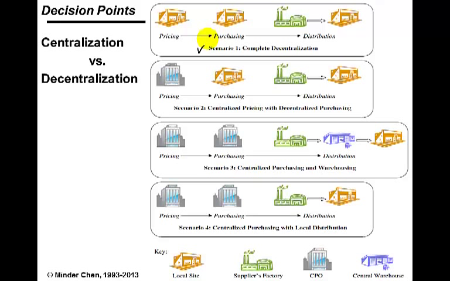The benefit of this totally decentralized approach is that each local operation has the flexibility to order what they want at the time when they want it. By the way, this icon means local site, and this is a supplies factory. This high-rise building is a centralized purchasing office at headquarters, and this is the central warehousing facility.